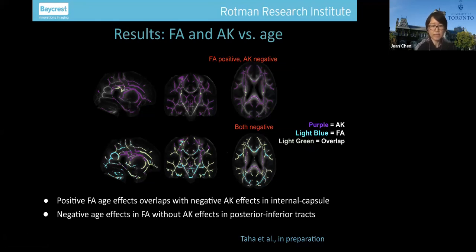But if we look at regions in which both FA and AK are reduced in older age, we see that negative age effects in FA are generally without coexisting AK effects in the posterior inferior tracts. So here the light blue shows that FA is becoming lower in older age, but not AK.